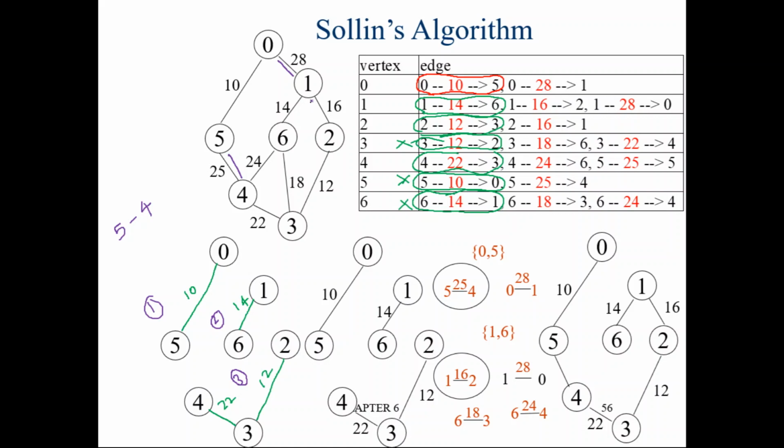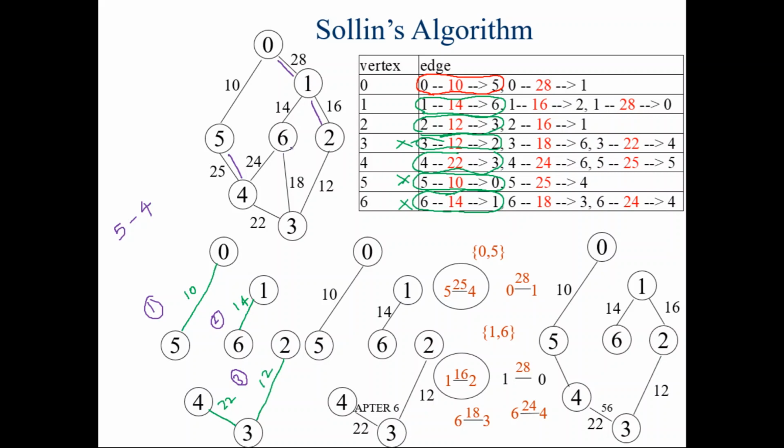Then we have 1 to 2 with a cost of 16. So from 1 we have 2 edges, one is from 1 to 0, another one is from 1 to 2.